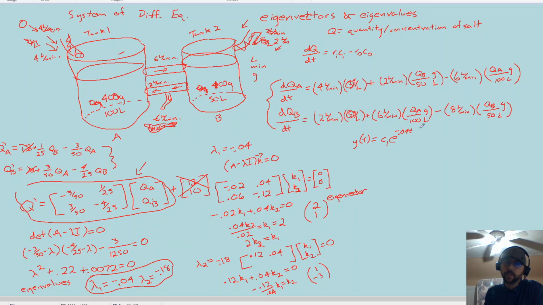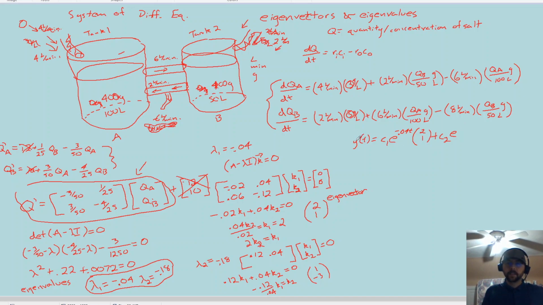So 2, 1, plus the other one, plus C2. And you'll notice this is very similar in form to the characteristic equation. It just happens to have these vectors in there.